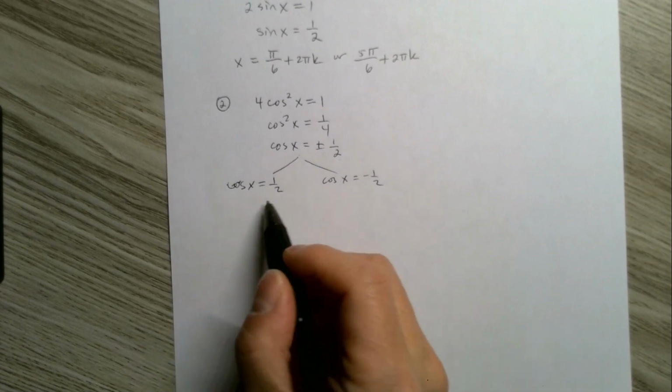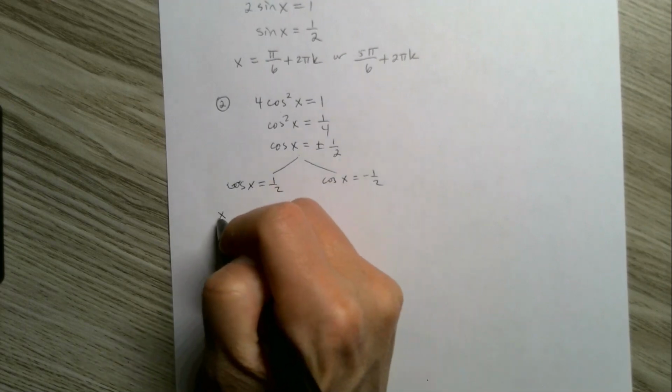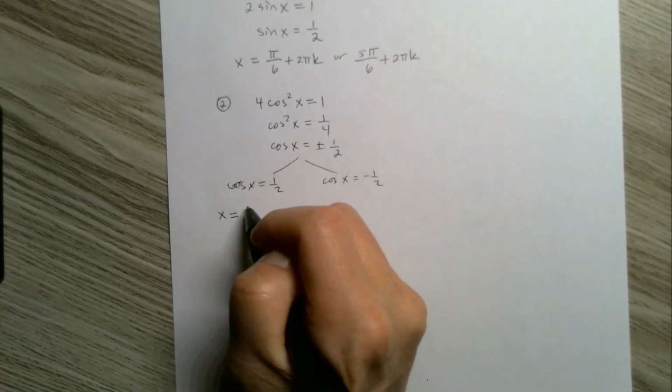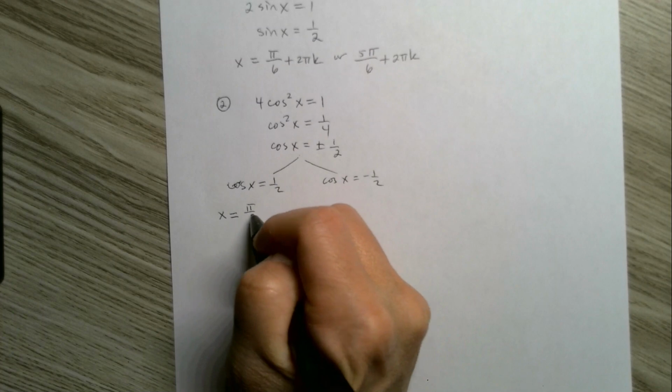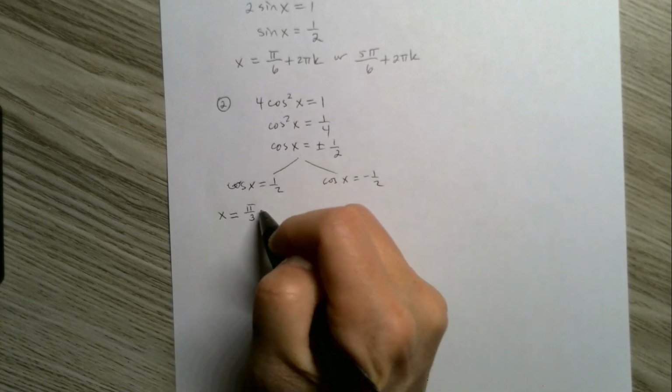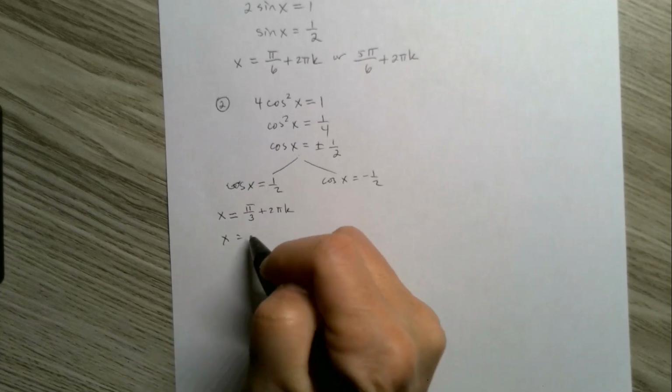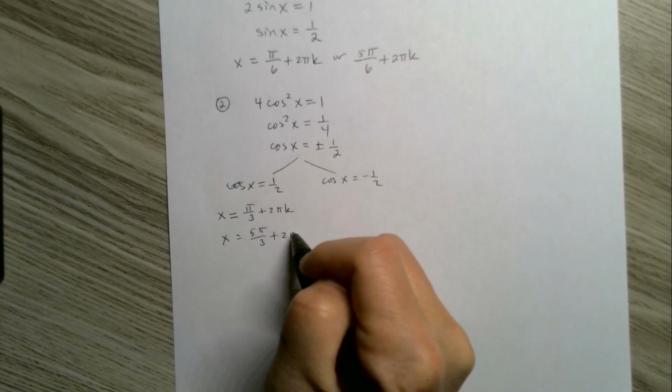Okay, if the cosine of x is 1/2, then I have pi over 3 plus 2 pi k, as well as 5 pi over 3 plus 2 pi k.